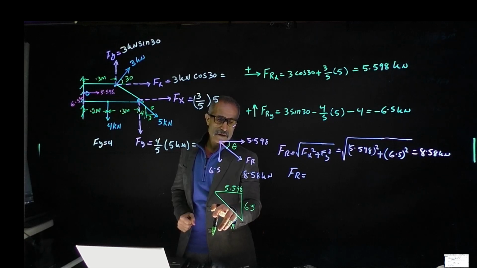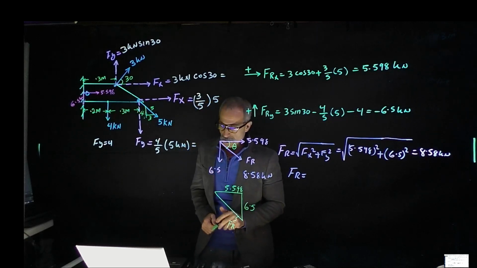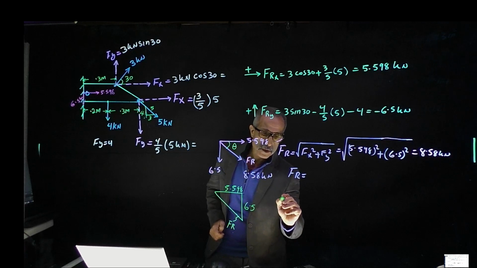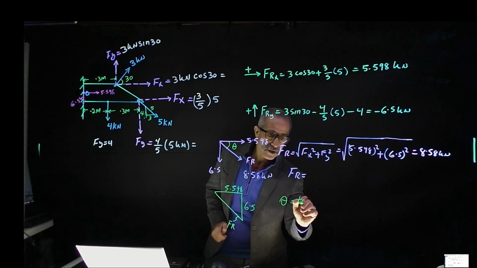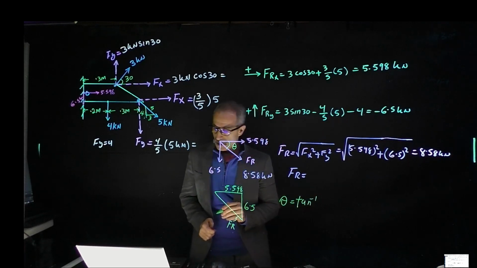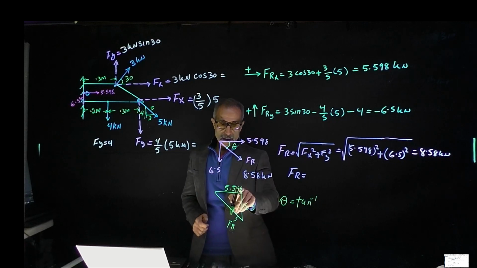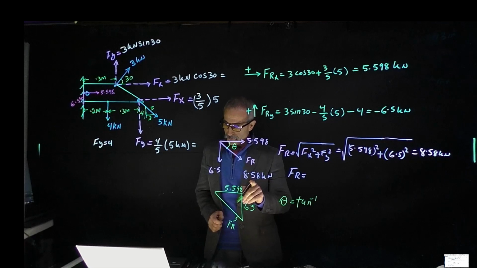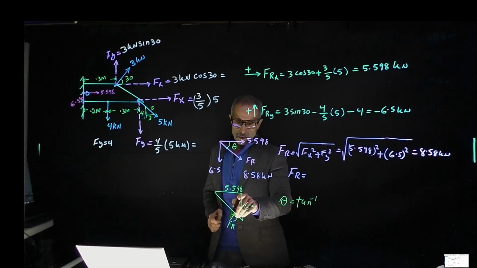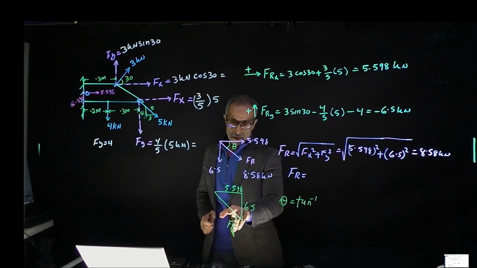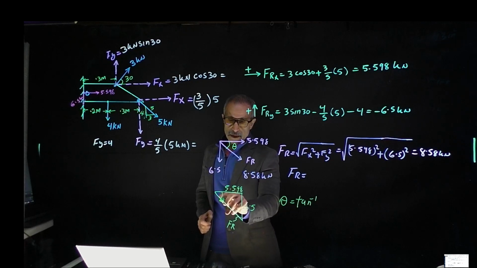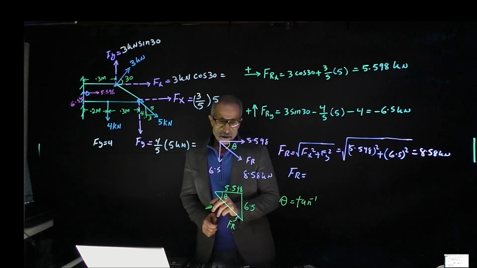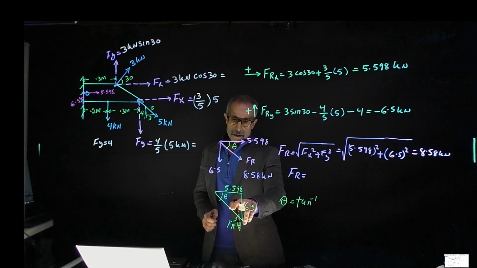I can use tangent. When we talk about tangent, it's going to be used a lot. So I'm going to say theta is equal to tangent inverse. I'm looking for this angle right here, opposite divided by adjacent.